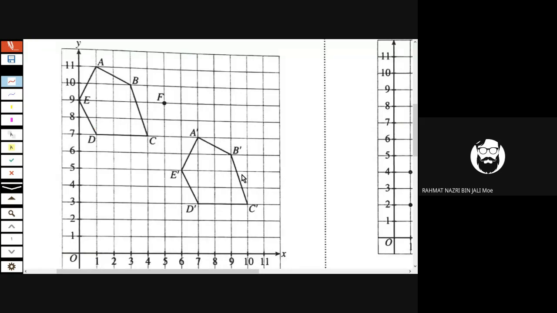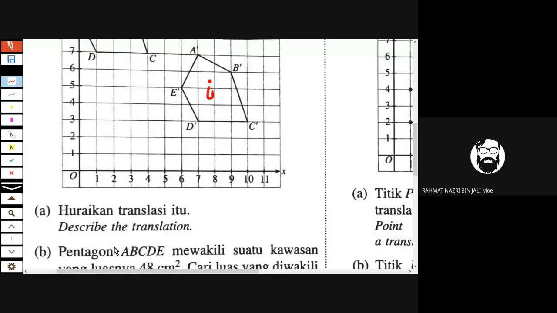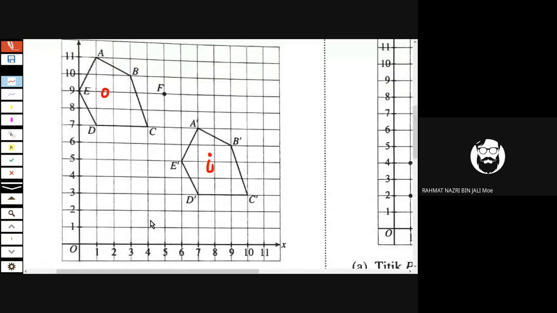Ini ialah image, ini ialah objek. Jadi apa soalannya? Soalan pertama ialah describe the translation. Jadi kita ambil satu point lah. Satu point daripada pentagon. Mana-mana point je. Contoh saya ambil C saja. Point C. Jadi the image of C is here, located here.